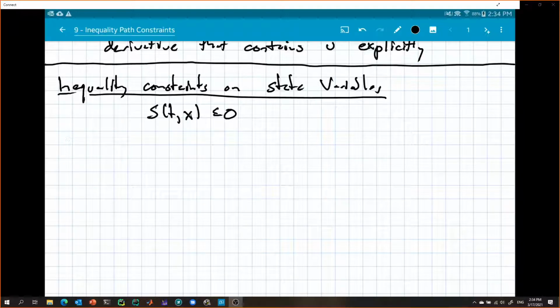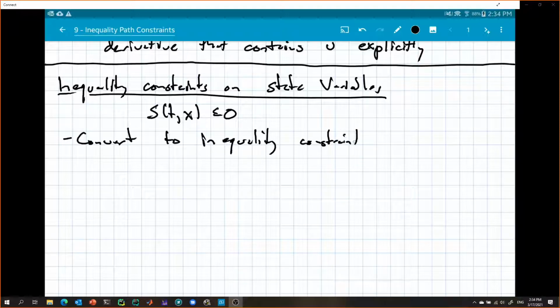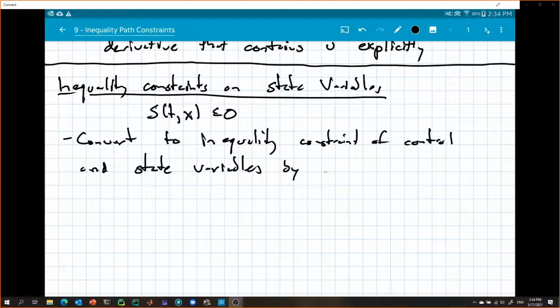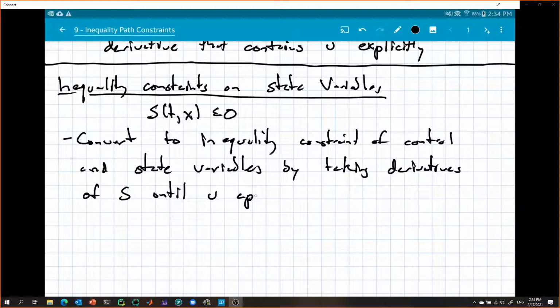But as we did last week, we convert to an inequality constraint of control and state variables by taking derivatives of S until u appears explicitly.